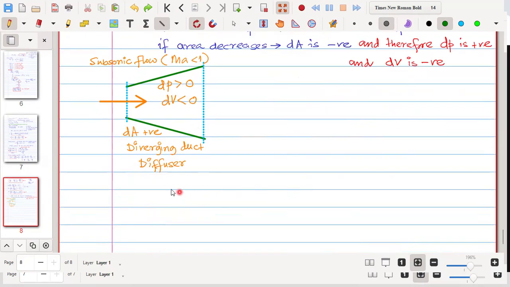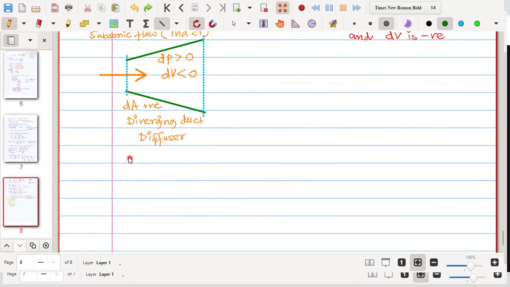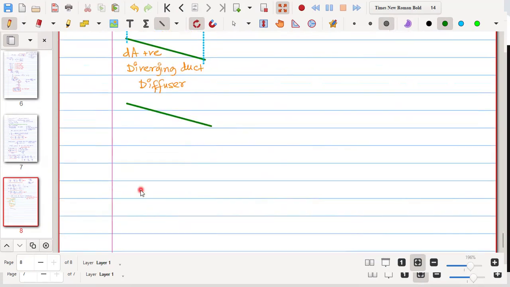So we will take a case where area decreases.